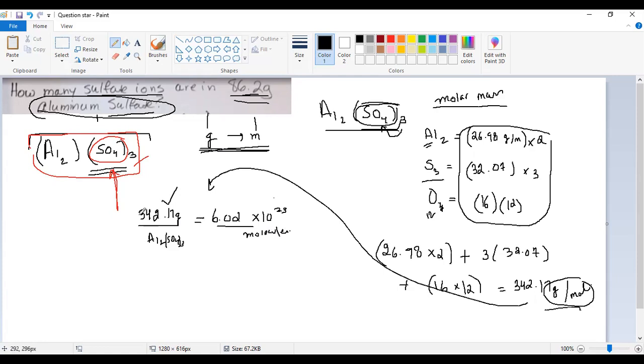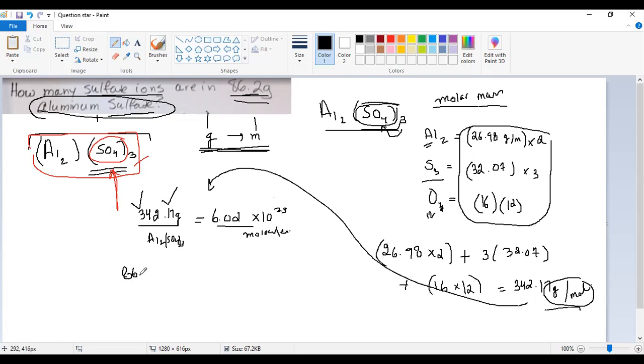So you would have 342 grams equal to these many molecules. If you were to toggle the amount of grams, you could find out how many molecules you would have. And if you wanted to toggle the amount of molecules, you would figure out how many grams that would be. That's why we call it a conversion factor, because it allows you to convert from A to B or B to A.